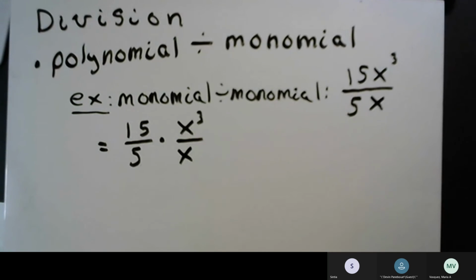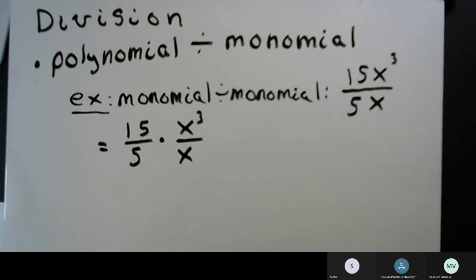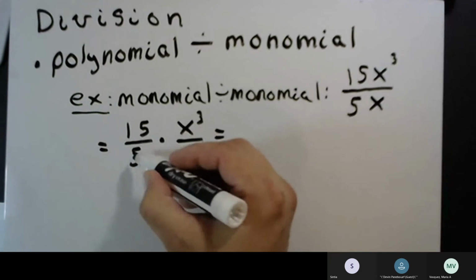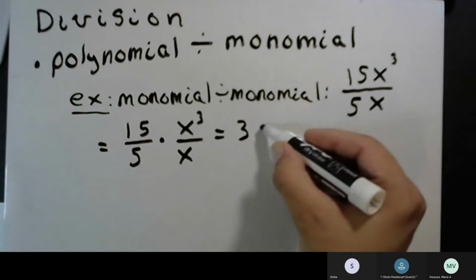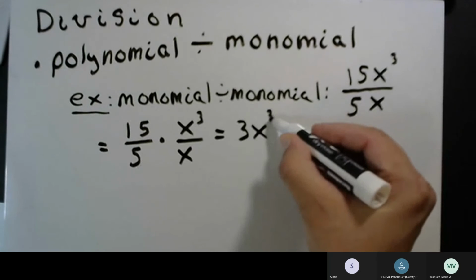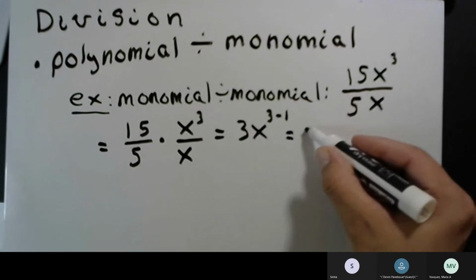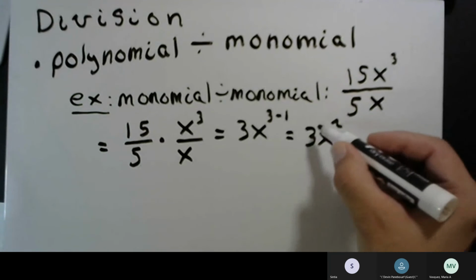And we could treat this like we have two fractions that are multiplied together, a constants fraction and a variables fraction. So 15 divided by 5 is 3. X cubed divided by x is x cubed minus 1. Again, there's an invisible 1 on this x here as an exponent. We get 3x squared.